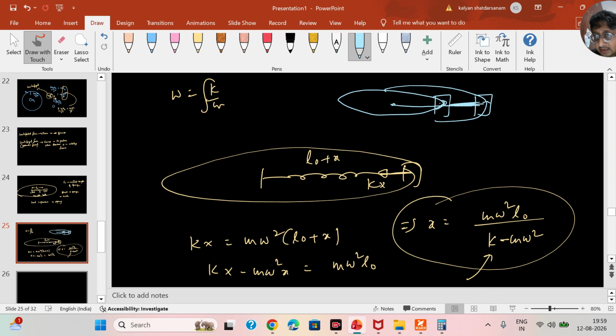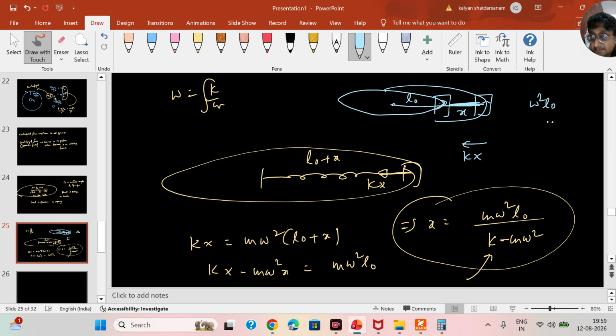Now after the spring expands, the problem is the acceleration became even more. Initially it was trying to go in a circle of radius, suppose, L naught. The acceleration demanded was omega square L naught. Spring expanded by x and said, okay, I'll exert a force to provide this acceleration.